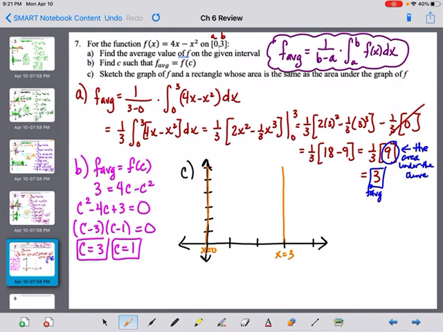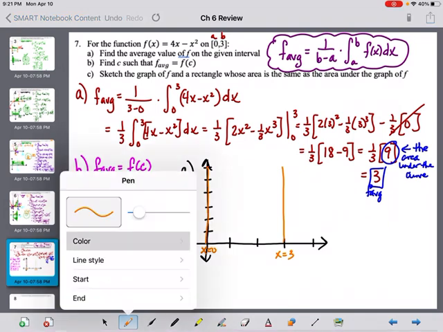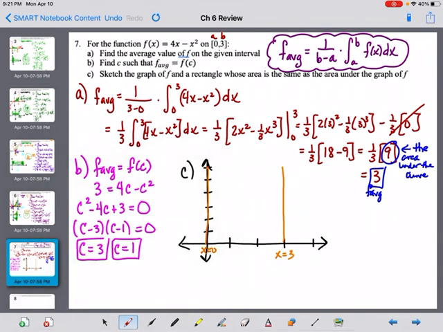Just going to kind of mark that off. And then my function, f of x, let's see here, at x equals 1, the value is equal to the average value, which is 3 right here. And at x equals 3, the value of the function is equal to f average. And then the vertex of the parabola is at, sorry, excuse me, 2, 4, right here. So it looks something like this.